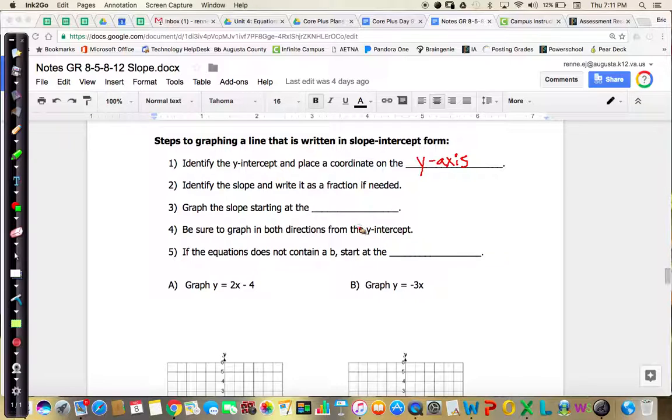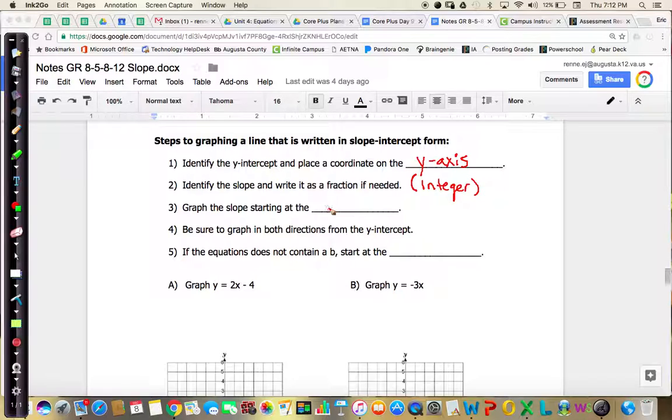We then identify the slope and write it as a fraction if needed, and when we're going to have to write it as a fraction is when we have an integer. Okay, so if the slope is given by an integer, then you will have to write it as a fraction. And we'll talk about that when we get down to the examples.